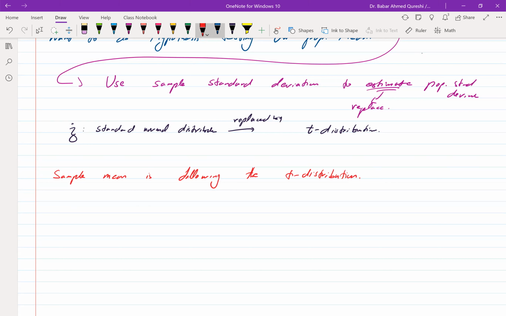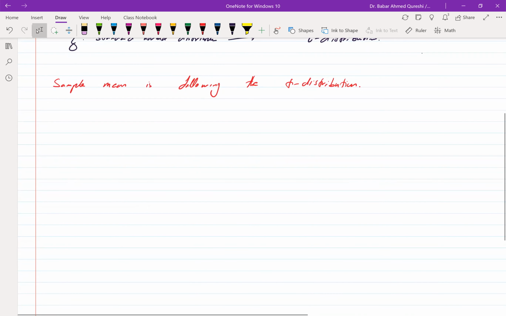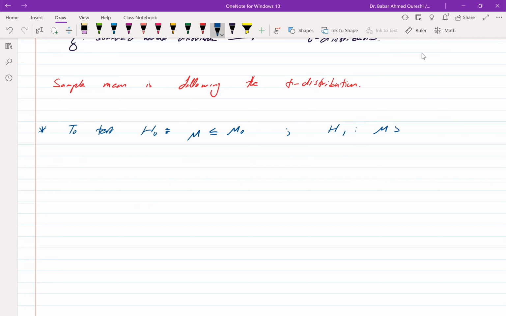So before, if we wanted to test, let's say this is what you want to do, you want to test this null hypothesis. Let's say the null hypothesis is that the population mean is less than or equal to a certain value, and you are testing it against the alternate that the mean is greater than this value.